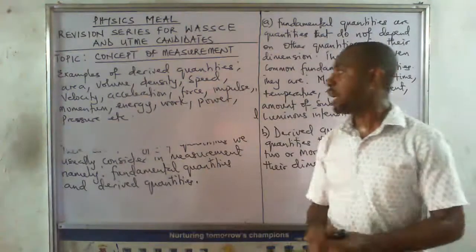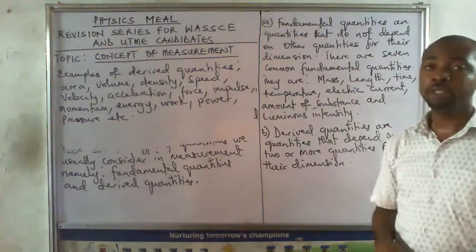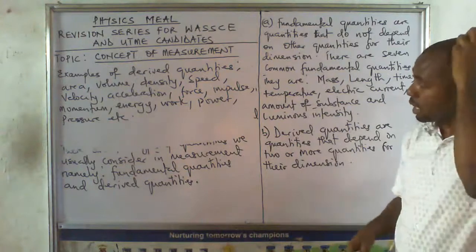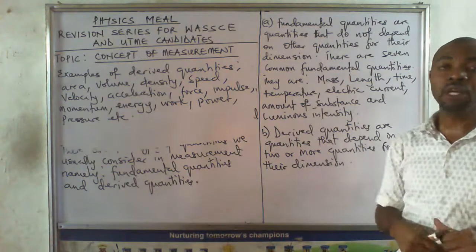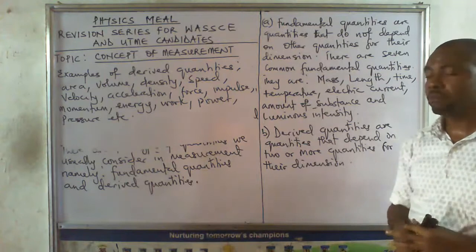All these are derived quantities because they depend on other quantities for their dimension.